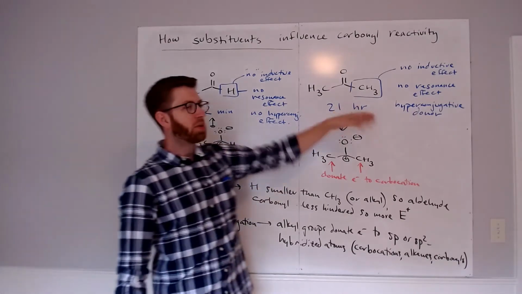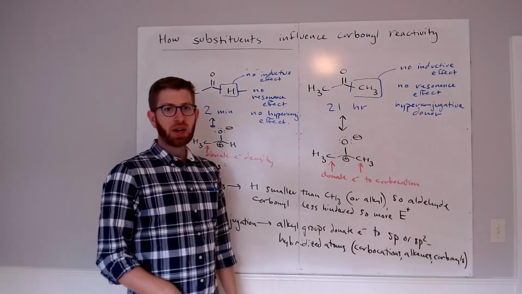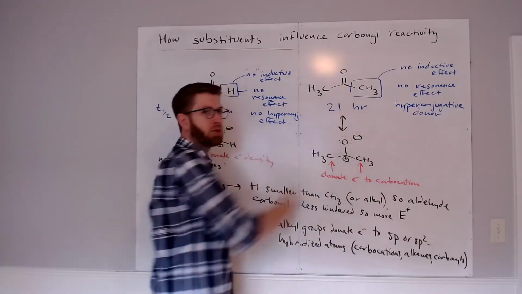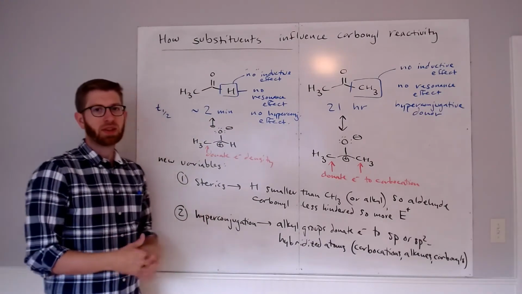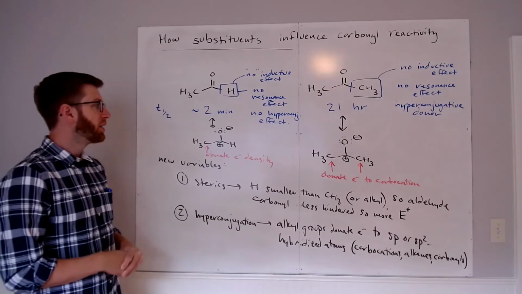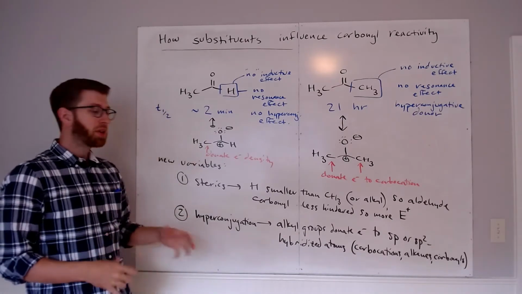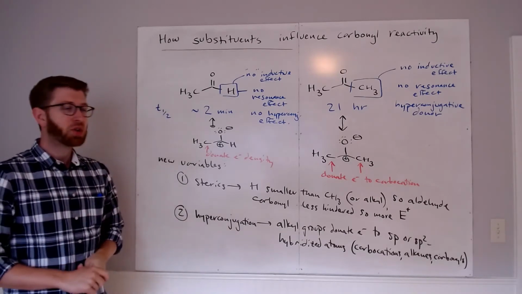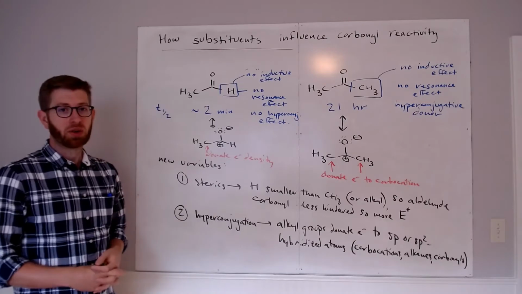This methyl group also takes up some space, and that's going to slow down how quickly the reaction can occur where a nucleophile is approaching our carbonyl carbon. So really the purpose of this section of the video is to introduce that steric effects can matter, but mostly it's to introduce this concept of hyperconjugation, which we can reliably predict will happen with an alkyl substituent.